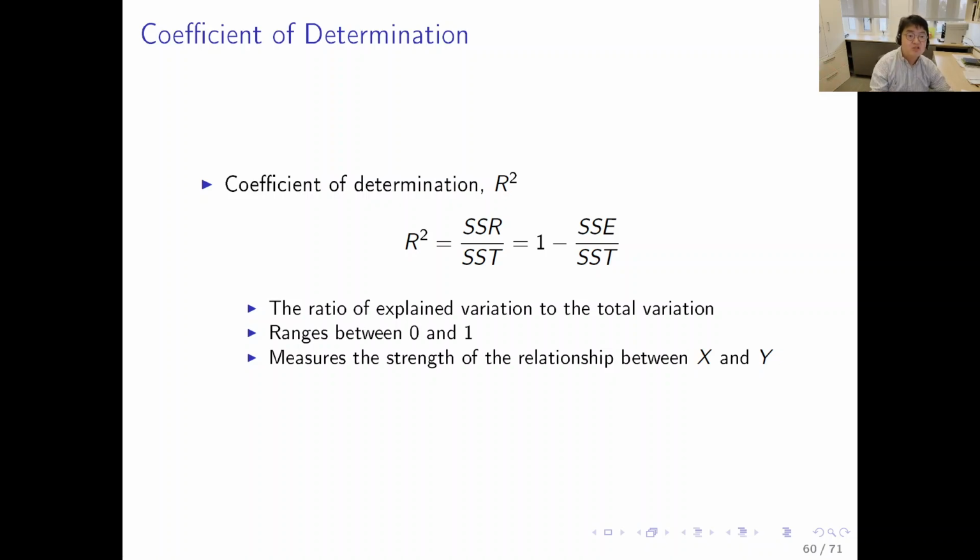That means perfect prediction. Both are unrealistic, right? Also, you may interpret this as the strength of the relationship between x and y. Okay, so R square is another common measure we use to evaluate how well your regression model explains the outcome. Okay.